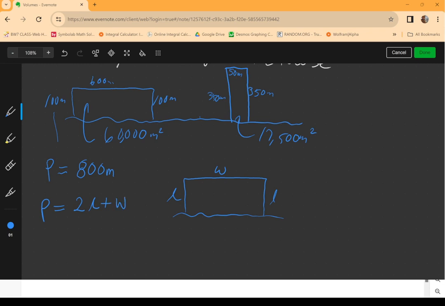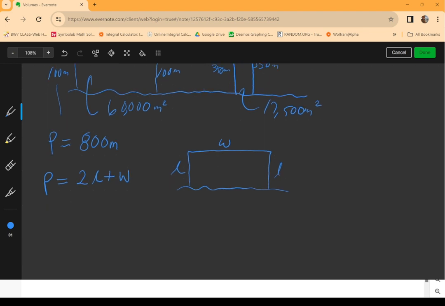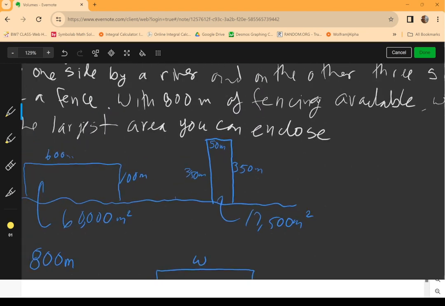Now I need to determine my objective function. My objective function is the function that I'm going to optimize. In this case, I'm looking for a maximum. Going back to the problem, what are we asked to maximize?